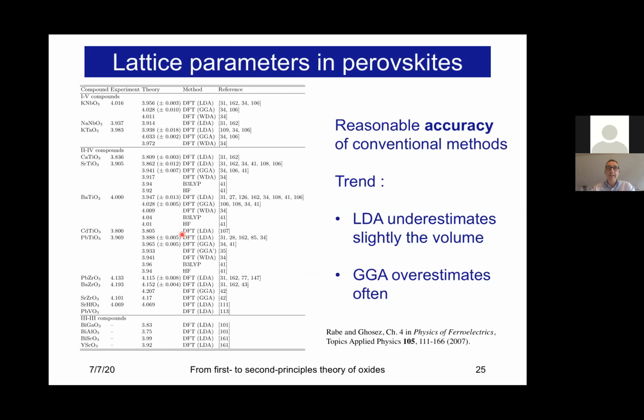If I look more specifically at the lattice parameters in perovskites, that is the materials we are interested in here, you can go to this book, Physics of Ferroelectrics, edited by Jean-Marc and other people, where we see that when we look at different perovskites in their cubic phase and at different functionals, we have reasonable accuracy with the conventional methods, although you can keep in mind that LDA slightly underestimates the volume, while GGA often overestimates it.